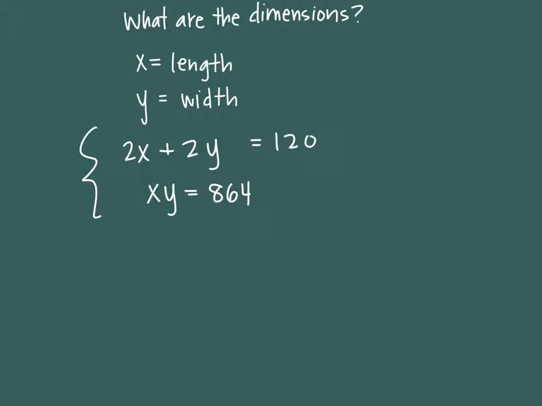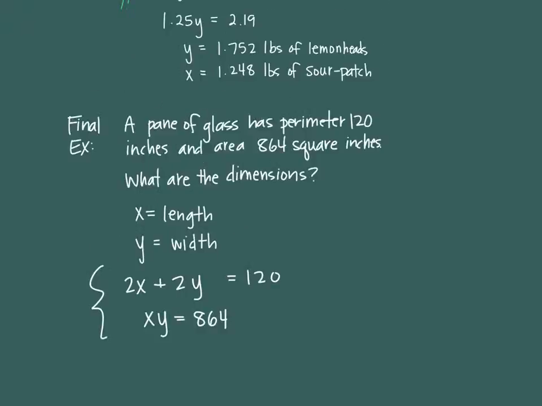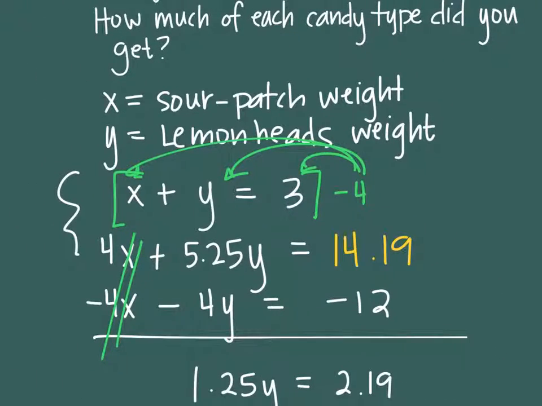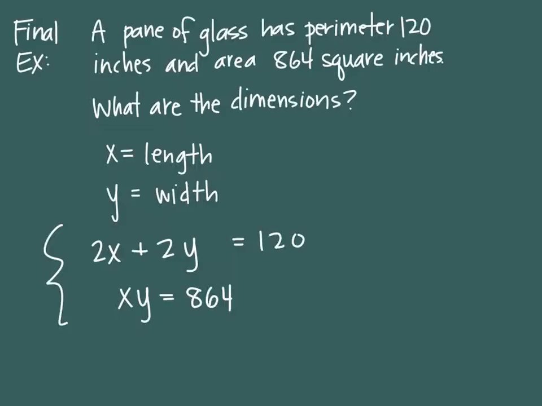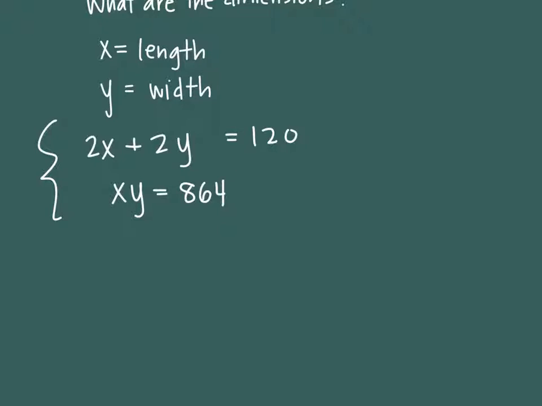I'm going to say elimination is probably off the table. Why? The x and y are multiplied, not added or subtracted. In order for elimination to work, it's got to be set up where you've got something plus something equals something for both of them. That's really the only way elimination is going to work. So elimination is not a good option.